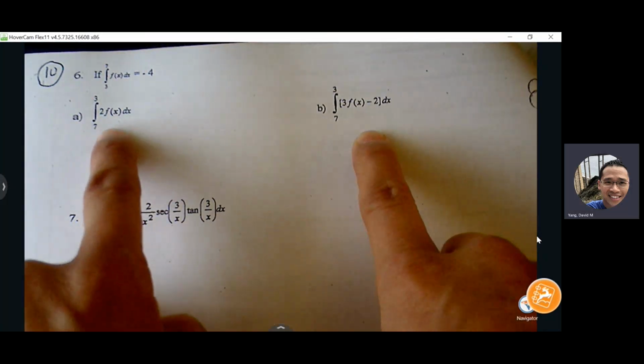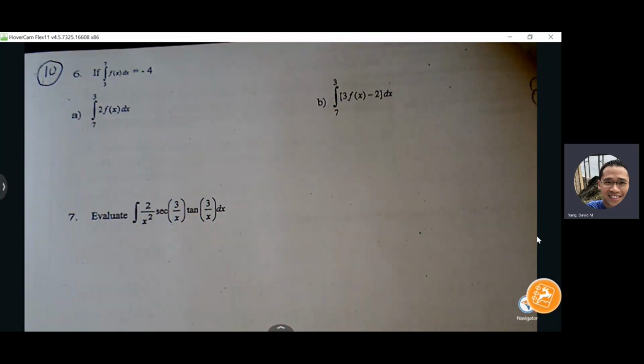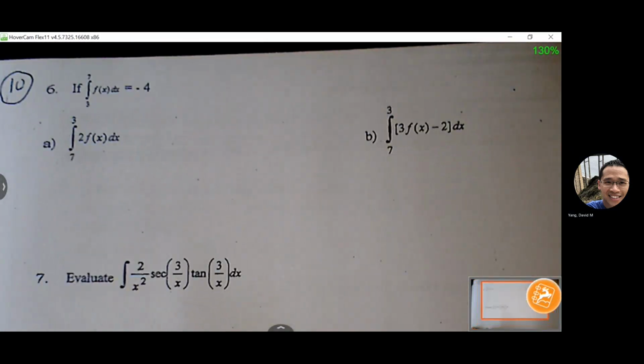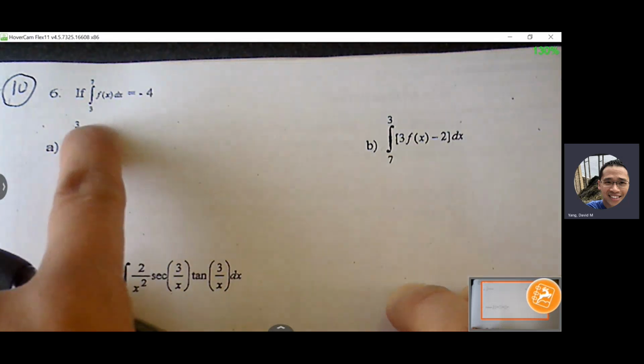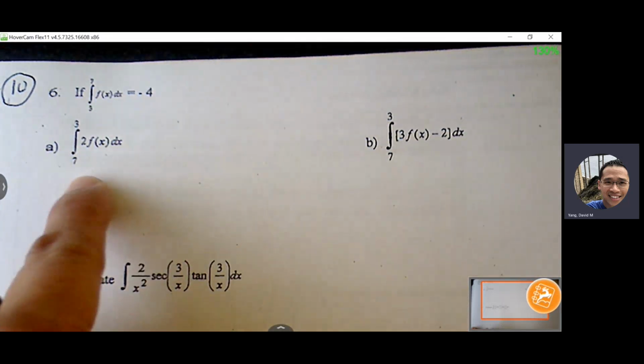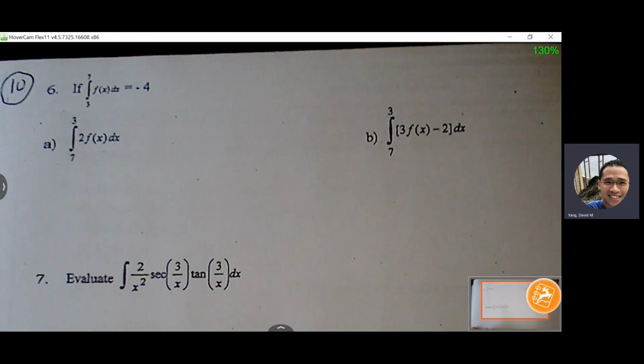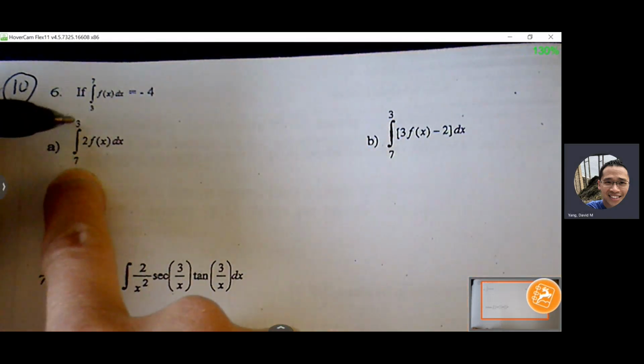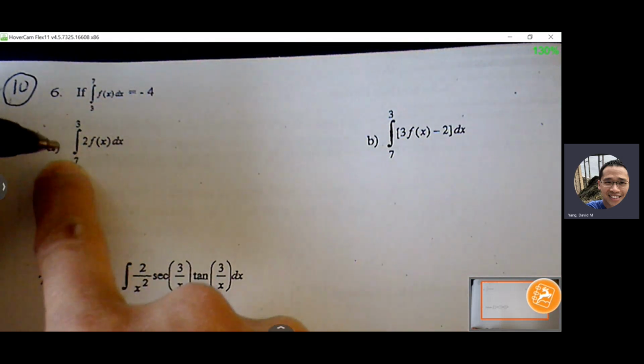Okay, so here we're taking advantage of the properties and seeing if we can use the properties to find the definite integral. Okay, so we know that the region from 3 to 7 is equal to -4. We see part A has those properties as well. Is there anything that I can do to rearrange it to make it match the property from 6 and make a substitution? Yep, I can flip the bounds to match, and I can pull the 2 out.